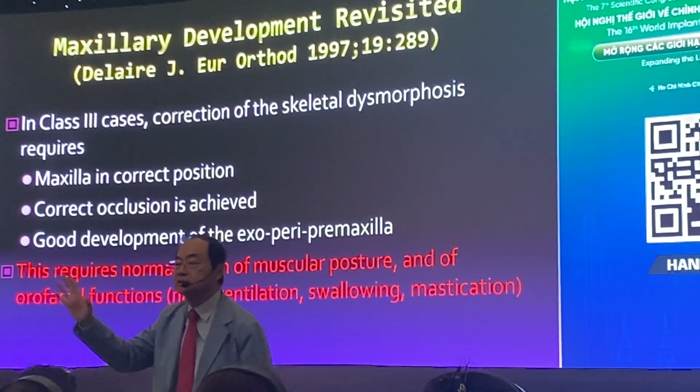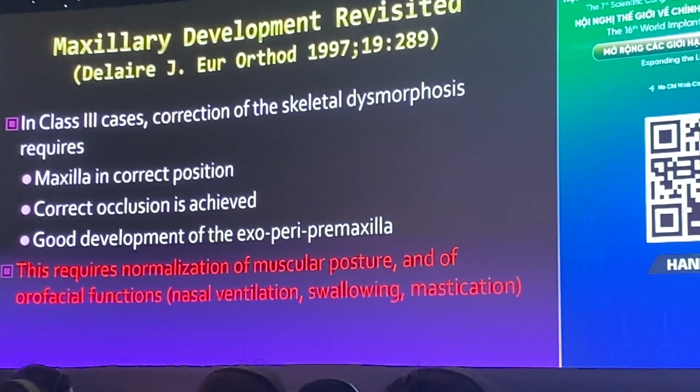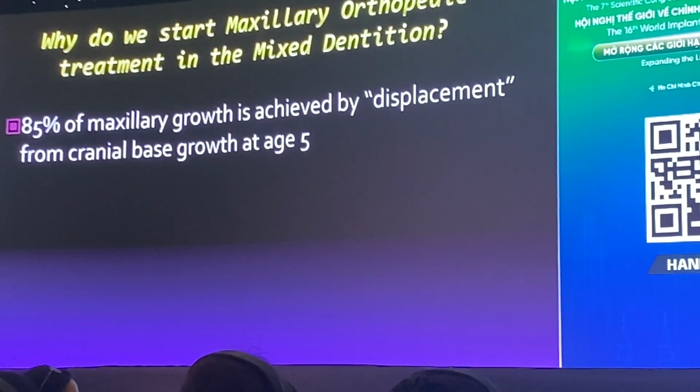You must consider all this functional, otherwise you will find relapse after treatment. Okay? So that is all I want to say about the philosophy of early class 3 treatment. So we're going to start treating patients.